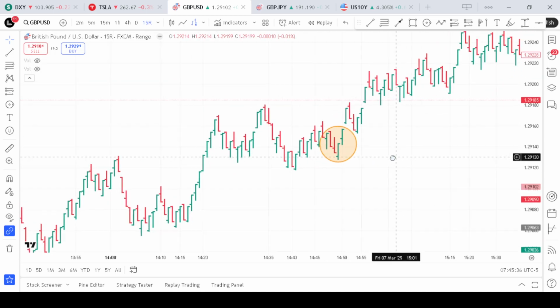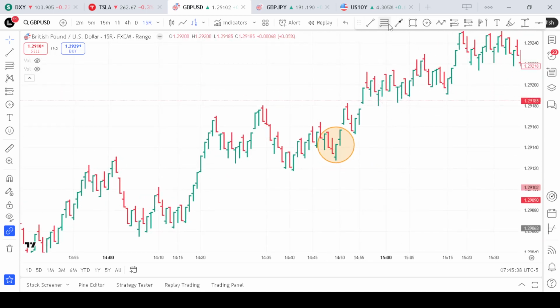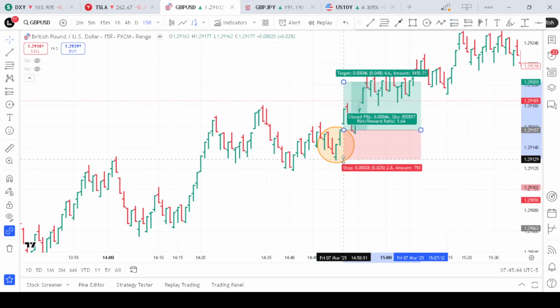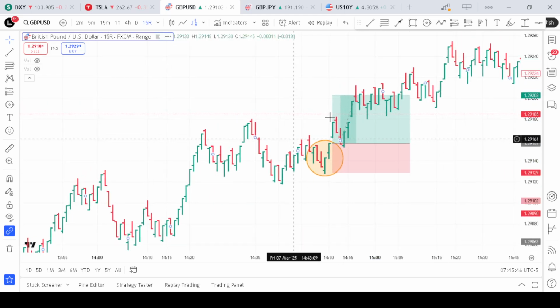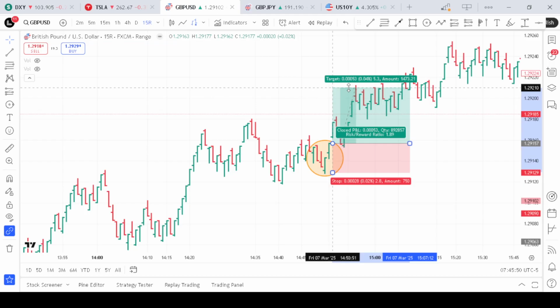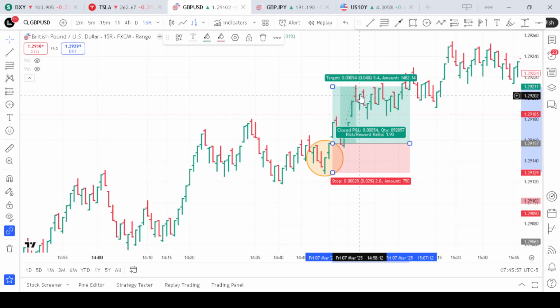So if we decide to enter at this point in the market, we would exit when we notice that price closed below the previous bar low. If it closed below the previous bar low, you would exit your trading opportunity.